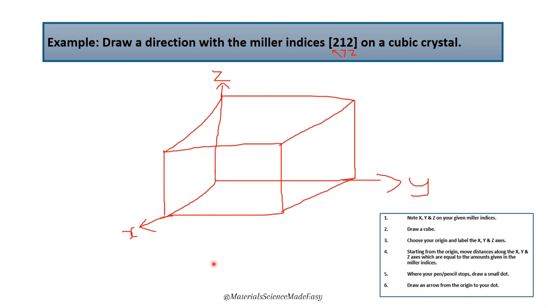So to avoid this, when I come across Miller indices that are greater than 1, first step, I find a factor to multiply them with so that every Miller index becomes either 1 or less than 1.